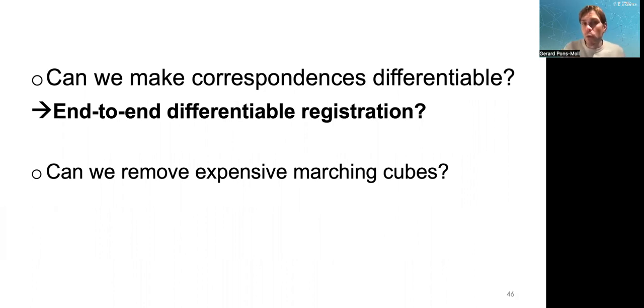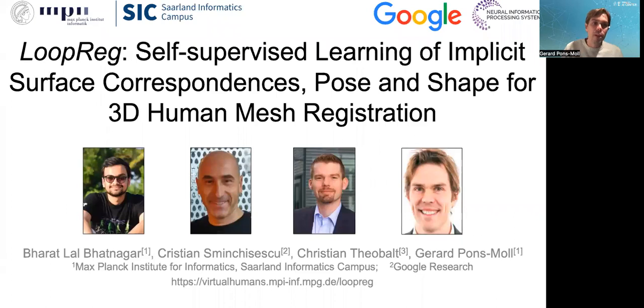And also, can we remove the expensive marching cubes computation as an intermediate step? We address some of these challenges in a paper that we published at NeurIPS, called LoopReg: Self-Supervised Learning of Implicit Surface Correspondences, Pose, and Shape for 3D Human Mesh Registration.